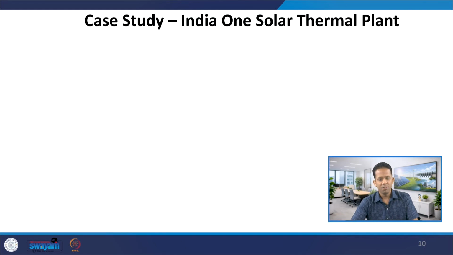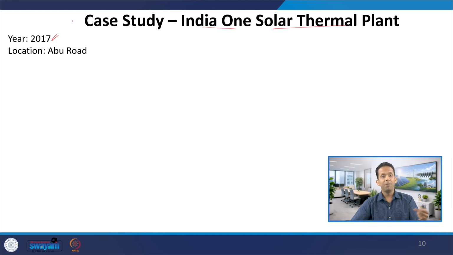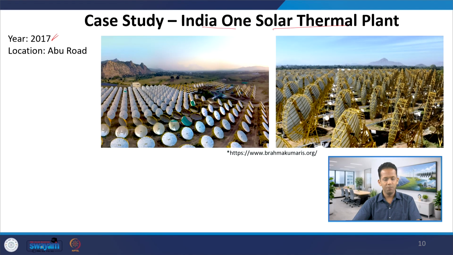Let's look at one case study in detail, the India One solar thermal power plant, because this was one of India's first commercial level solar thermal plants, established in 2017 at Abu Road. It's in Rajasthan.